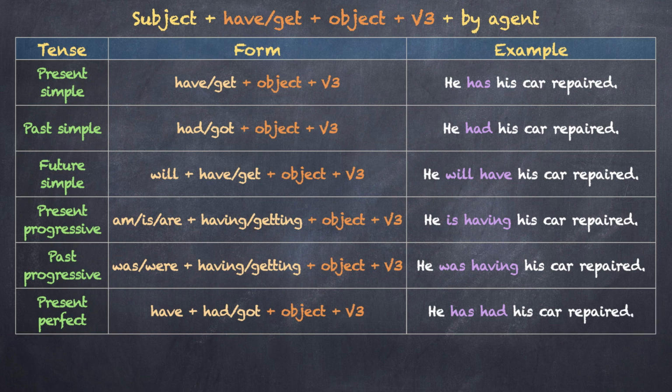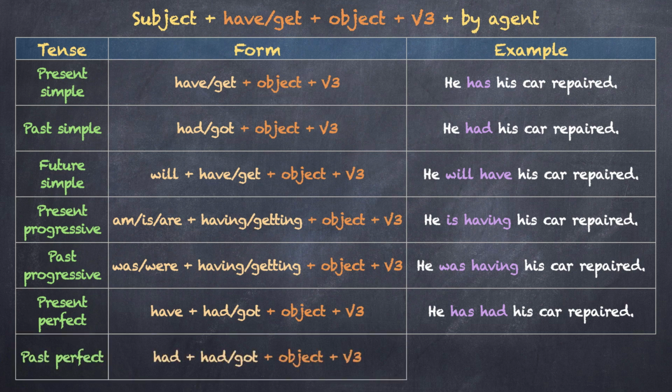Finally, we have the past perfect. It will be had plus had or got, and the object and verb 3. He had his car repaired. So as you can see, this table summarizes the different tenses of the rule have something done.